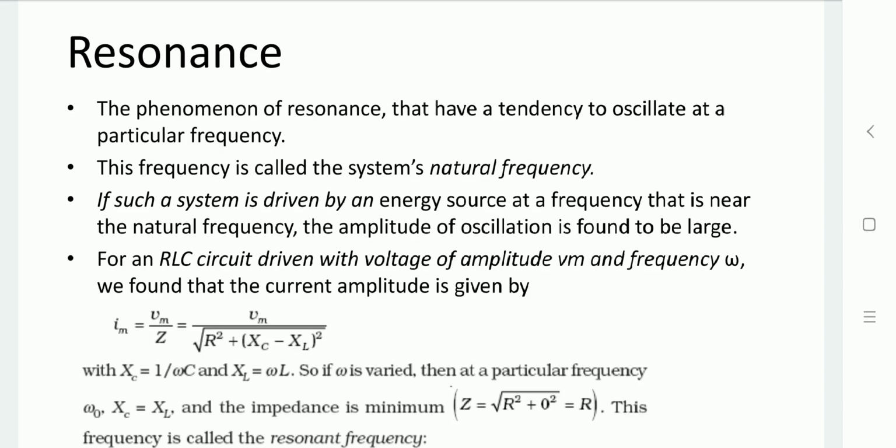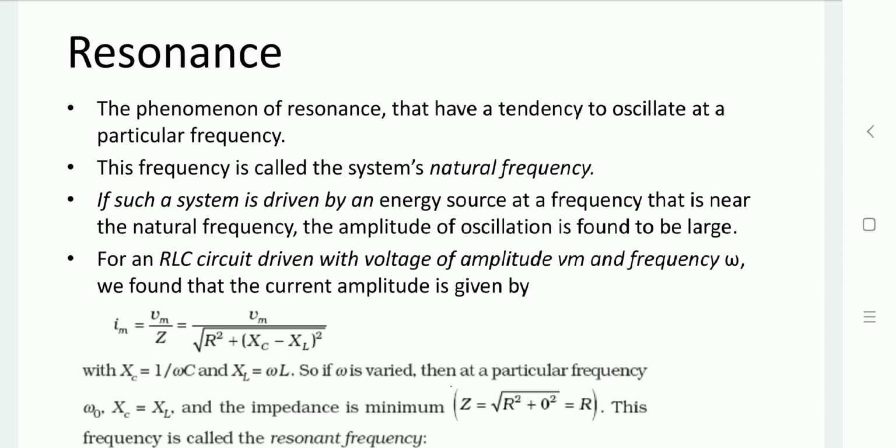In the impedance value Z, if we consider Xc equal to XL, the impedance equation was under root of R square plus (Xc minus XL) whole square. In that equation, Xc equal to XL, so that part would be 0. So Z equals R.